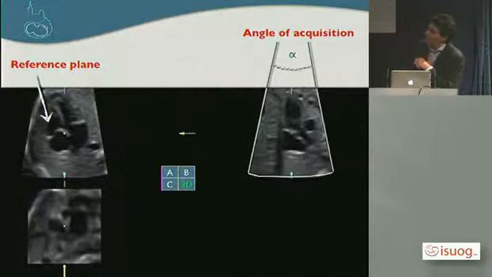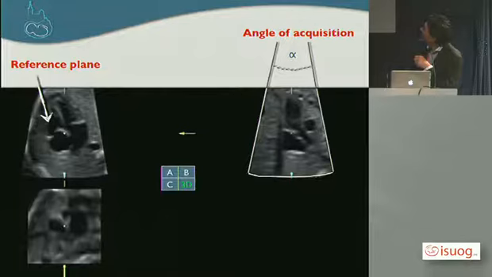Then, when we make the acquisition, it will take a few seconds, what we chose just before. We define here 3 orthogonal planes, and this is what we call the reference plane. The reference plane is the plane we choose initially to make the acquisition, and you can see on this slide that the resolution of this plane is similar to 2D conventional ultrasound. Then the 2 other orthogonal planes, the B plane and the C plane, have lower resolution.